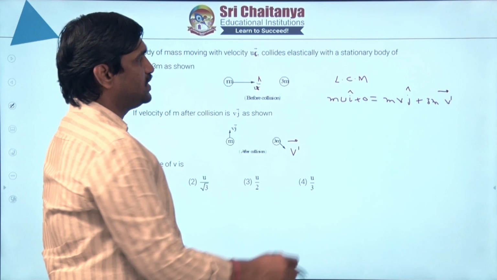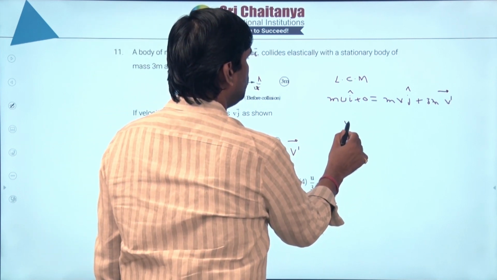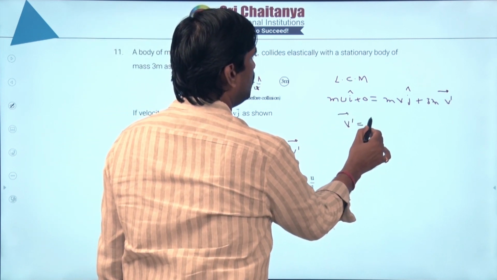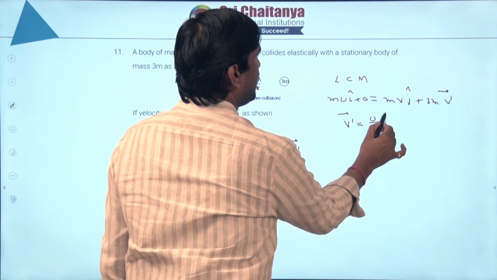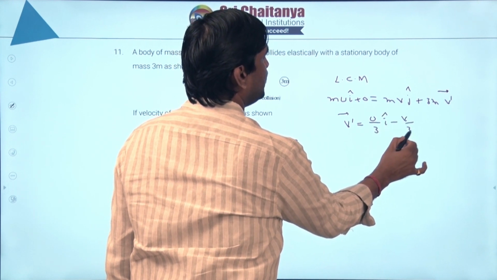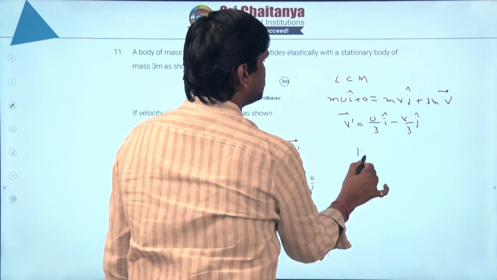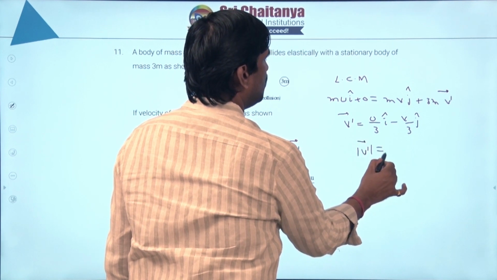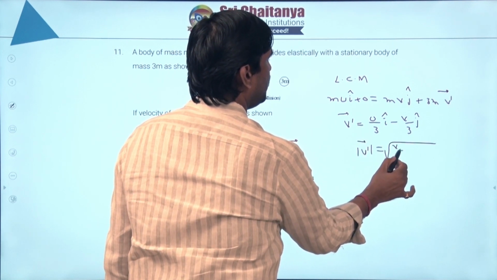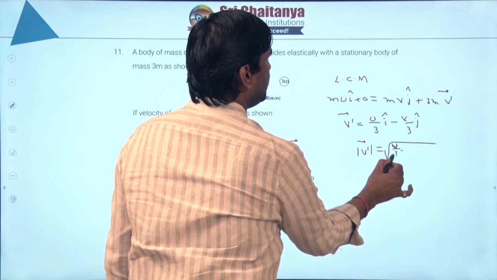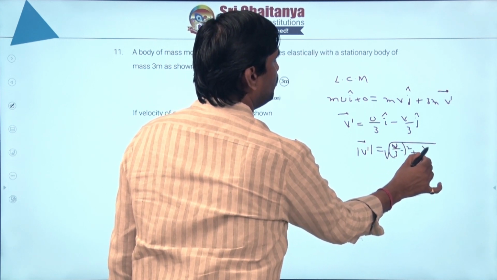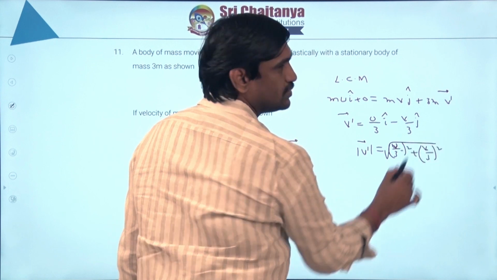Now, on the basis of that, V dash bar is equal to u by 3 i cap minus V by 3 j cap. Modulus of V dash bar is equal to under root of (u by 3) whole square plus (V by 3) whole square.